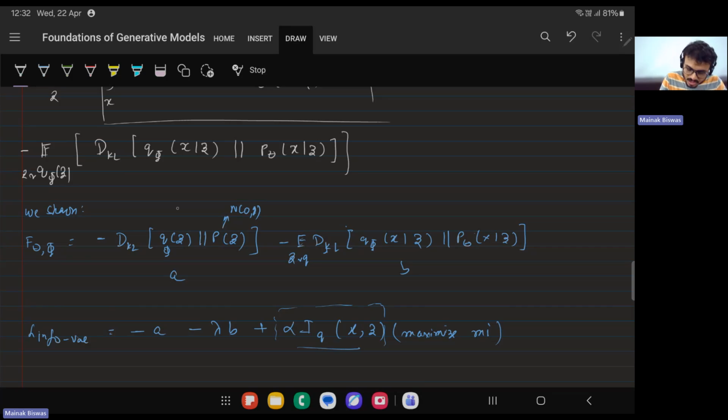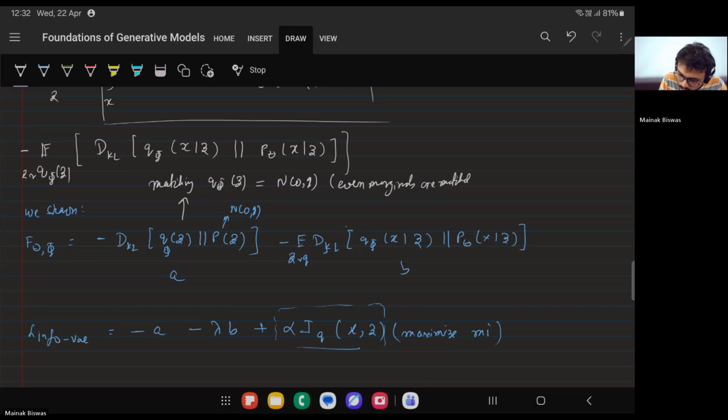These two terms mean you are matching q phi of z to be equal to normal 0, 1. That's what we want. Even at the marginal space, marginals are matched. And reconstructions are matched across encoder and decoder.